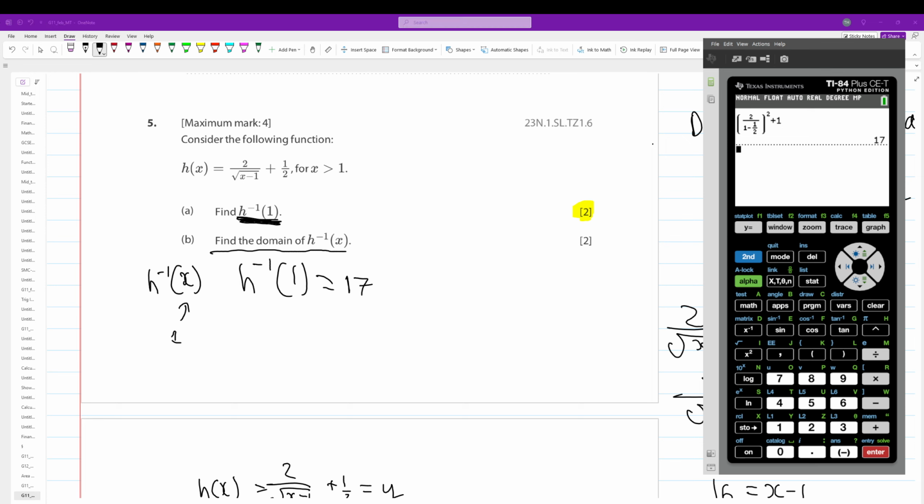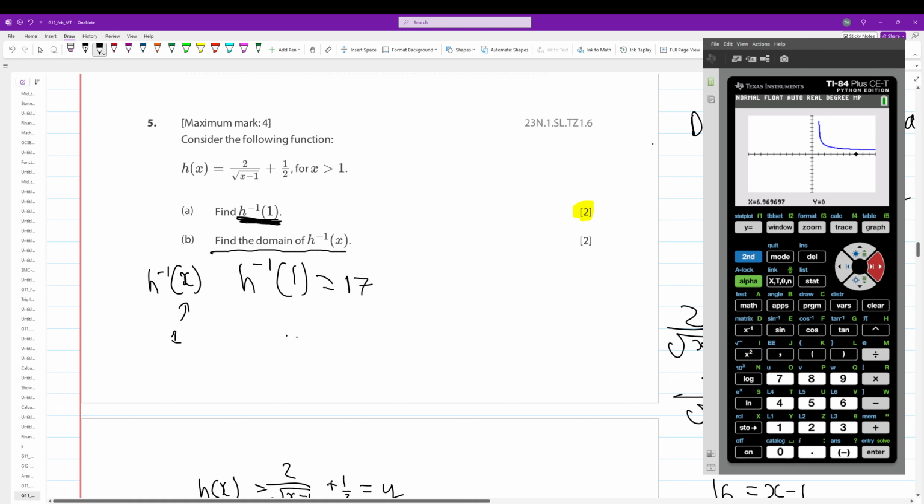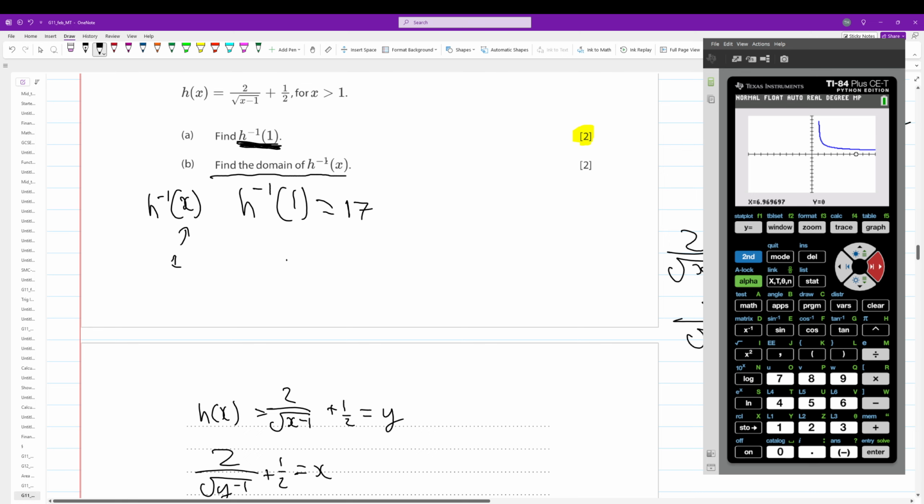So if we have a look at my y values, yep, we've still got the original graphed on, and I have a look, is there a number that this never goes past? Yes, there is. If I trace along this and I go all the way over that way, I can see that y keeps on getting smaller and smaller and smaller, but I can already see it's not going to go past 0. So the domain of h minus 1 of x is greater than 0.